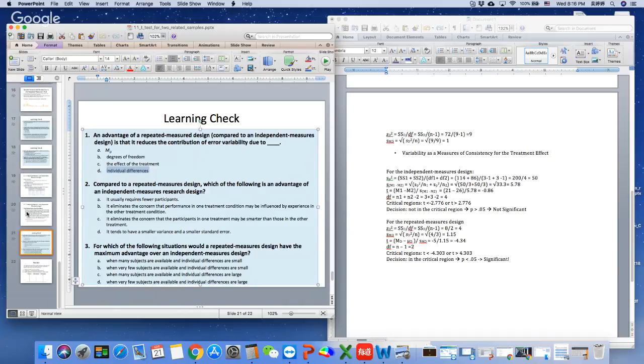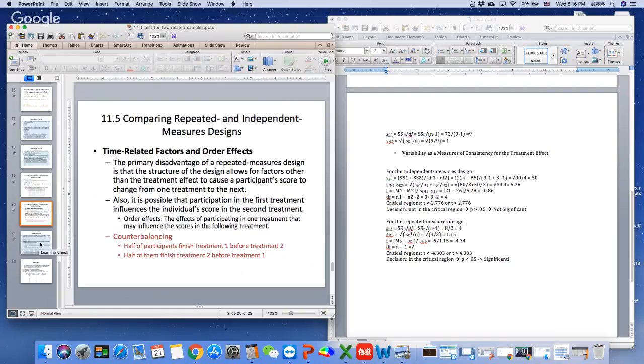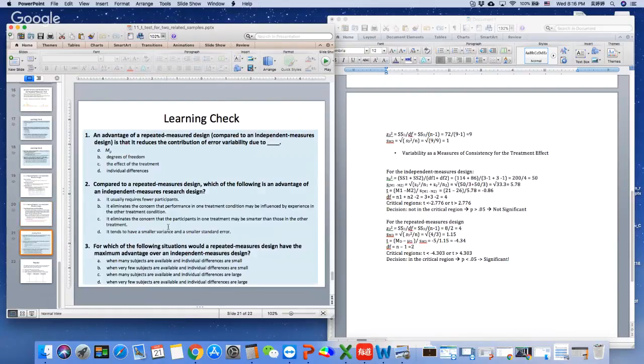So we just have one disadvantage, which is the time-related factor or order effect. So the correct answer is B.